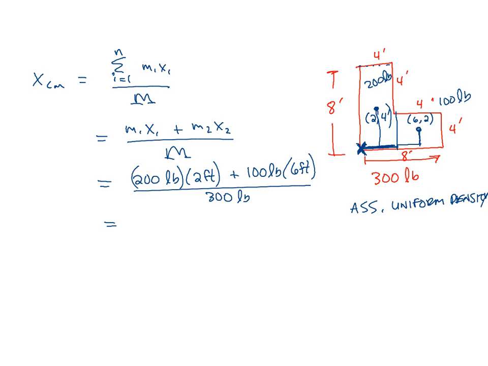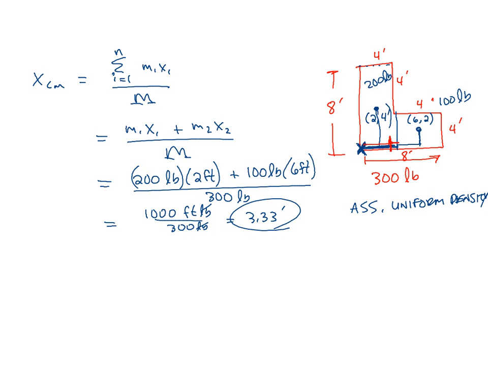So that would be 200 times 2 is 400, plus 600 would be 1,000 foot-pounds, divided by 300 pounds. Pounds cancel, and that would be 3.33 feet. Okay, so to get to the center of mass, I need to start here and go 3.3 feet over. That would be somewhere like right there.